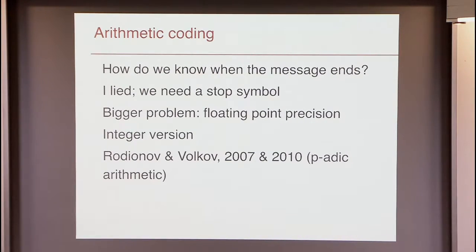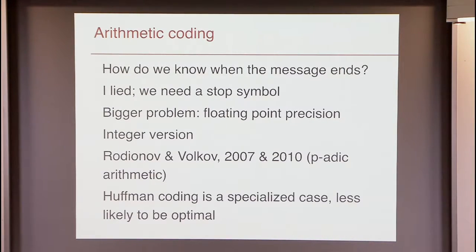The magic rules go away, and it turns out there's a nice fixed precision treatment to this. So look it up if you're interested. And another interesting little aside is that Huffman coding turns out to be a specialized case of this. It's less likely to be optimal in the sense of reaching that Shannon limit.